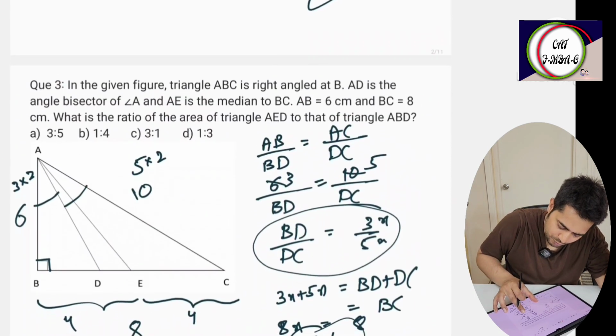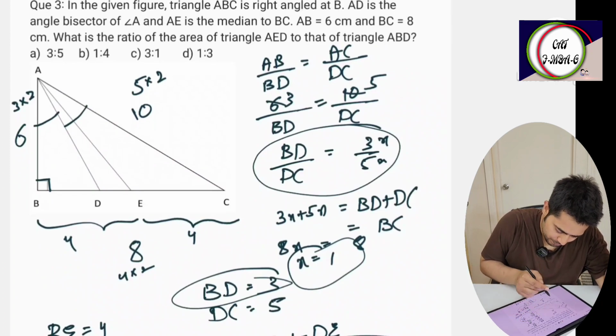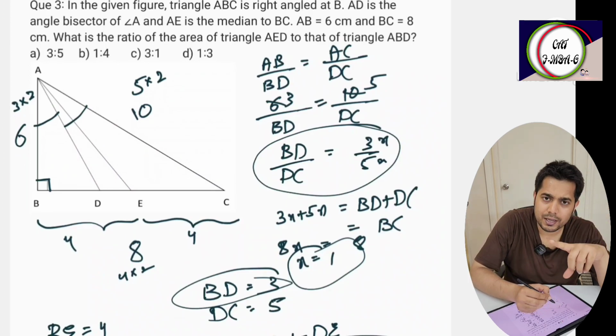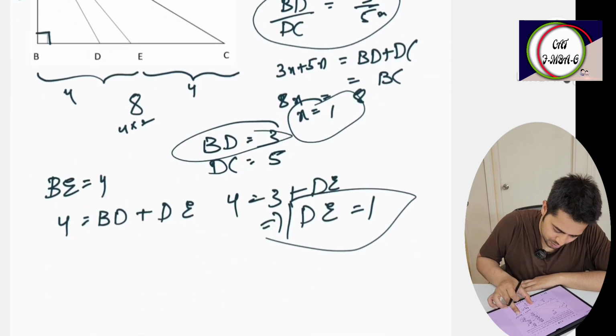Okay, what we have to find out? We have to find out the ratio of the area of triangle AED to the area of triangle ABD. For triangle AED, AB is the height, base is DE.